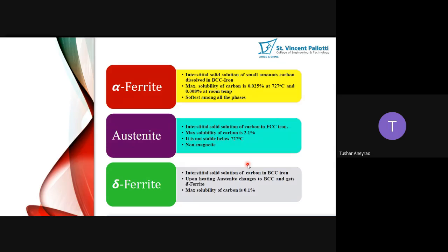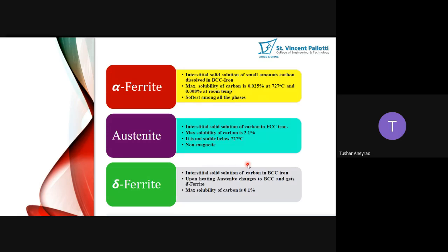Alpha ferrite, interstitial solid solution, BCC, 0.008 to 0.025, and stable below 727 degrees centigrade, and it is the softest among all the phases. Austenite is also a soft phase, non-magnetic in nature, with 2.1% of carbon and stable above 727 degrees centigrade.